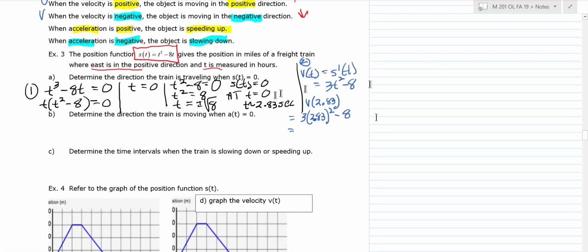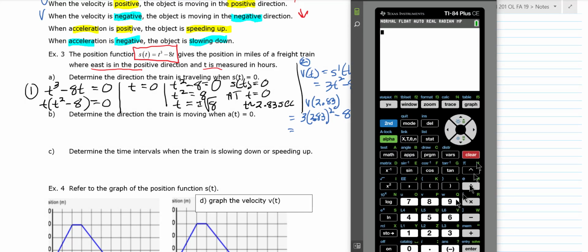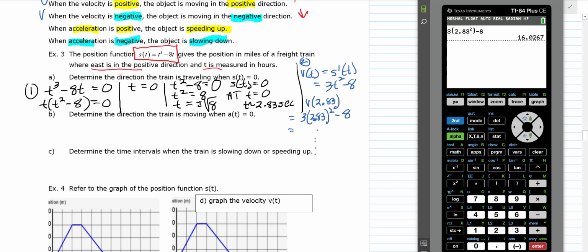It looks positive, so let's find out. I'm going to go 3 times 2.83 to the second power, and then minus 8. And that looks like it's positive. So the velocity at this point in time is about 16 miles per hour.